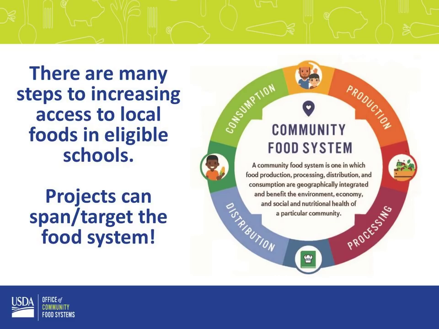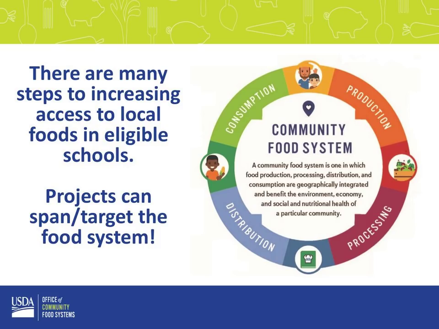So doing things related to education or curriculum or experiential activities as it relates to agriculture is part and parcel of increasing local procurement in the child nutrition program. So again, to have a very successful project, often you'll see both sides of those things in a grant project.